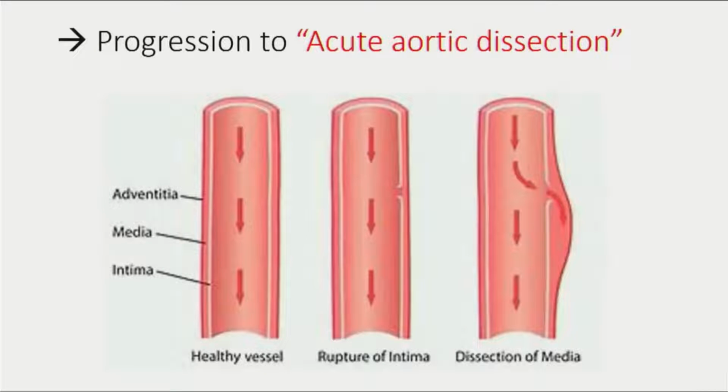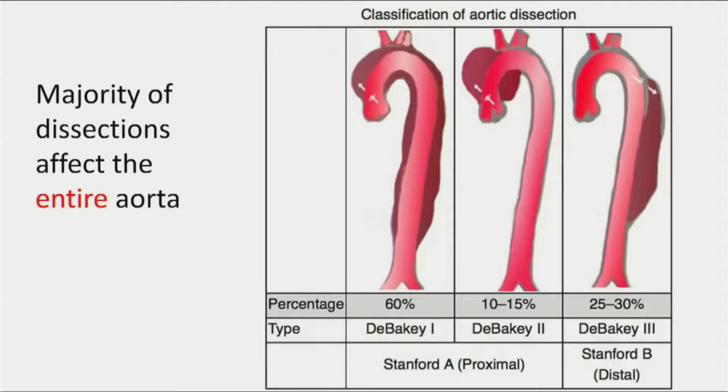For these patients that progress to dissection, the blood will go through that tear and then it can propagate to other parts of the aorta. And this is, from the very beginning of what I said, the aorta is an organ. It has to be considered in its entirety. A focal problem, an aneurysm in one place, can now cause a problem for the whole body because this tear usually propagates.